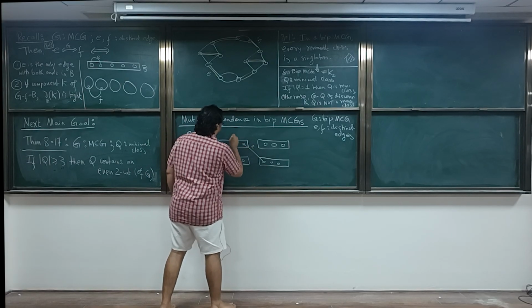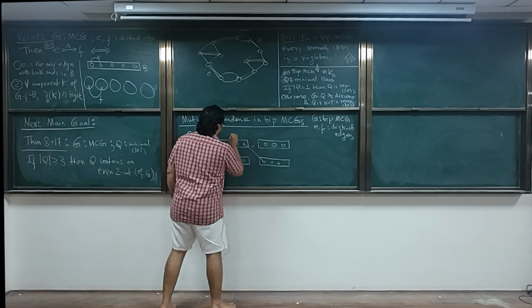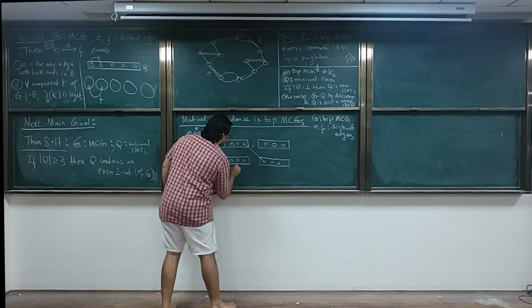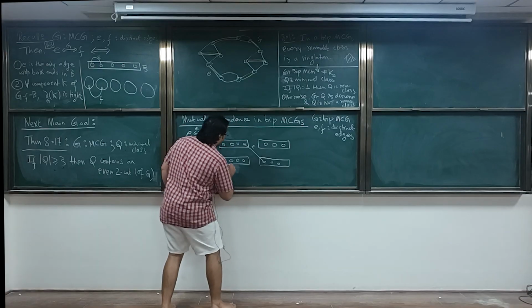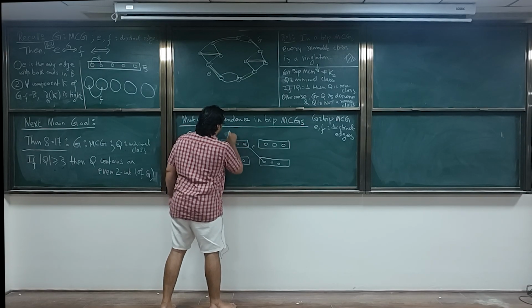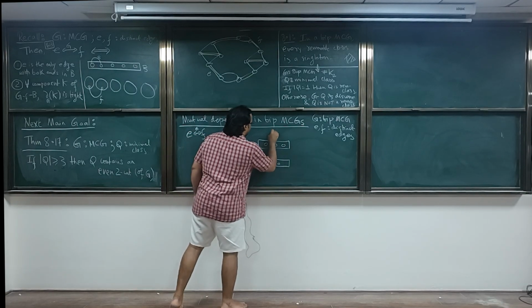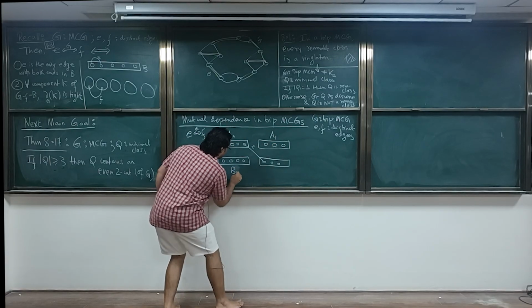All other edges of the graph go from, so if this is my S, let me just call this A0, A1, B0, B1.